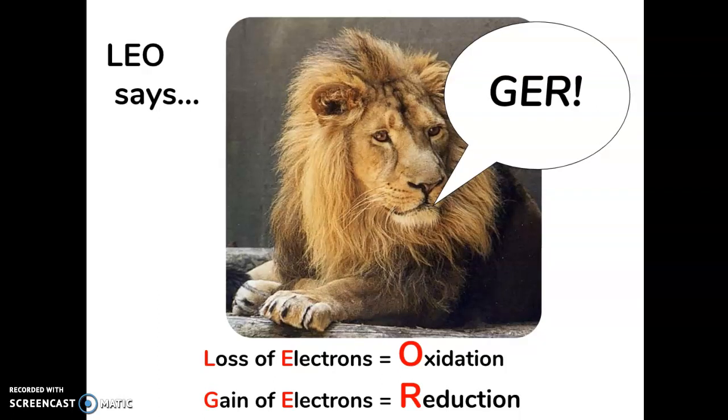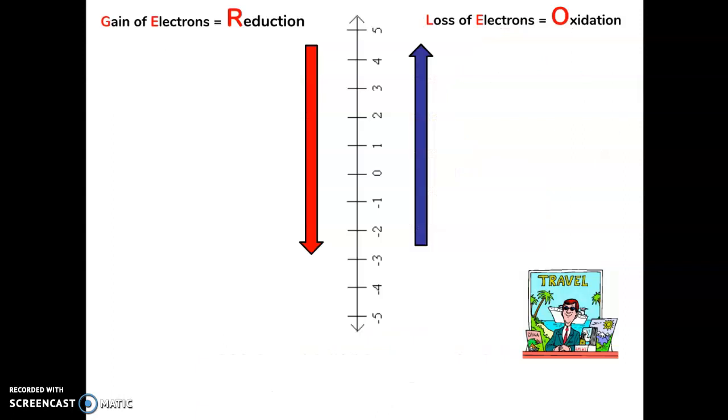Okay, so what does that actually look like for the oxidation numbers? Well, if you are gaining electrons, the reason why it's called reduction, despite that seeming awkward, like you're gaining something and yet it's being reduced, is because if you're gaining a negative electron, your oxidation number is going to go down because you're gaining something negative.